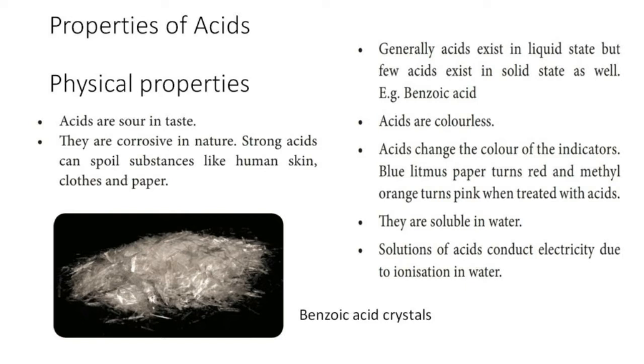Strong acids can spoil substances like human skin, clothes, and paper. Generally, acids exist in liquid state, but few acids exist in solid state as well. Example: benzoic acid. Acids are colorless.